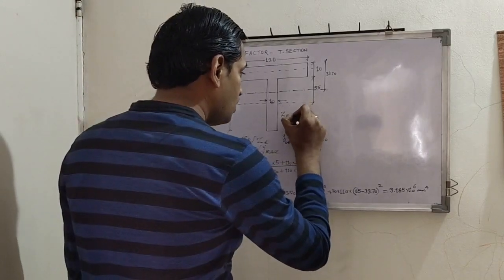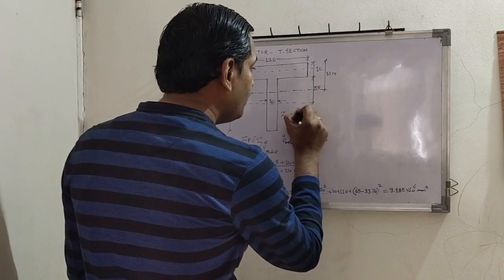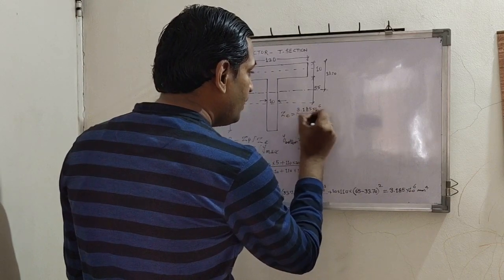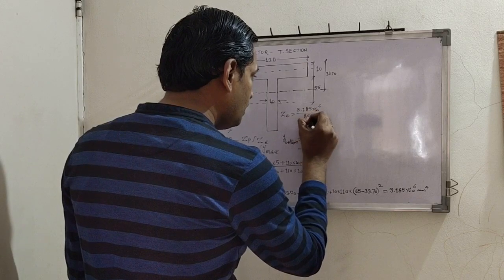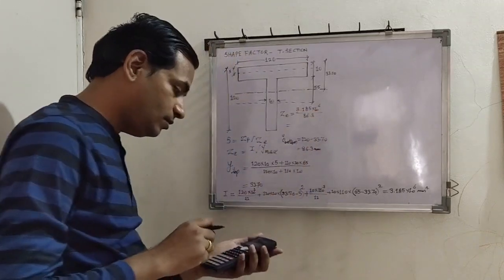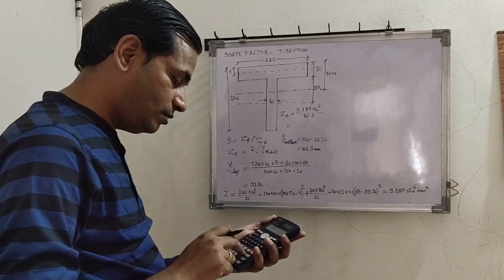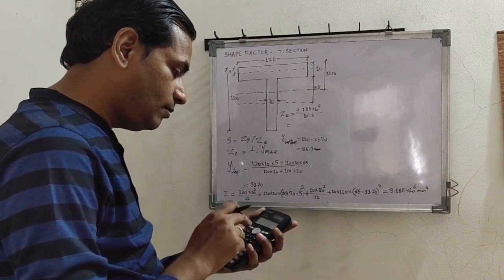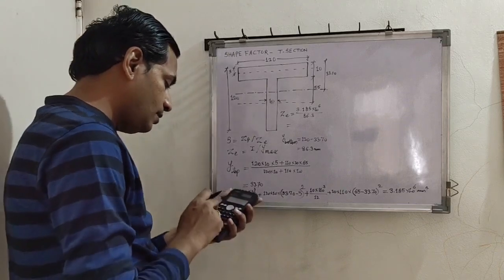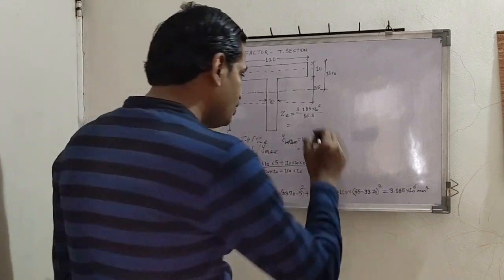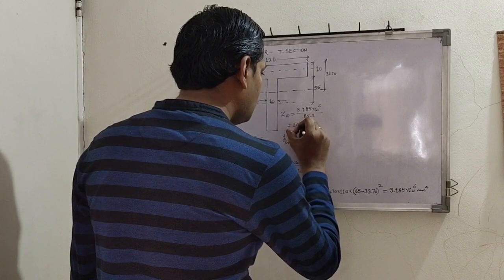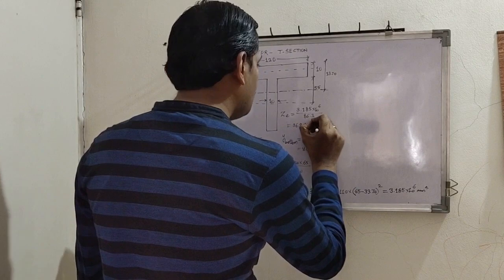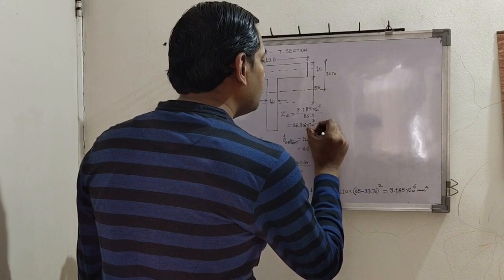So I value 3.185 into 10 raised to 6 divided by 86.3, that is equal to, let us calculate, that is 36.906 into 10 raised to 3 millimeter cube.